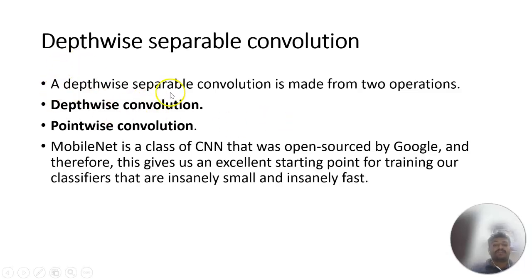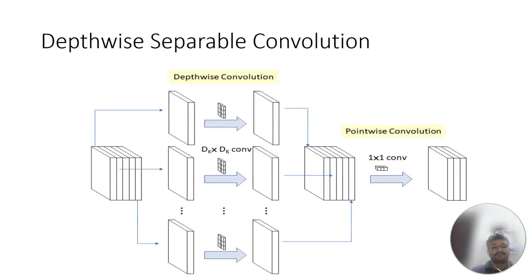This depth-wise separable convolution is made from two operations, that is depth-wise convolution and point-wise convolution. This is an open source network, which you can usually use for classification and training on any image data set or signal data sets.